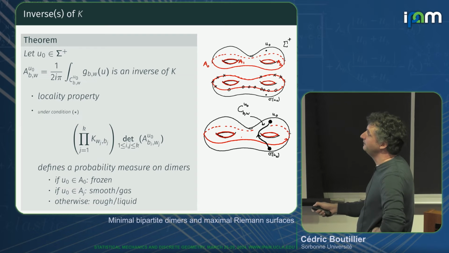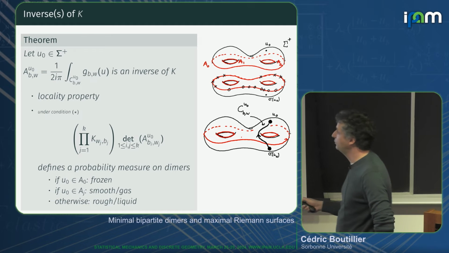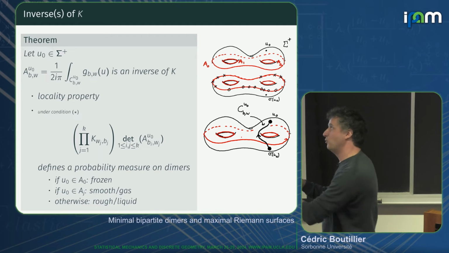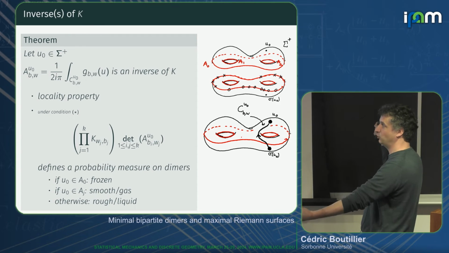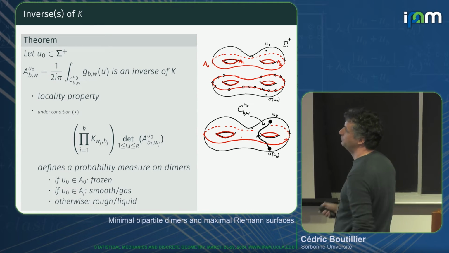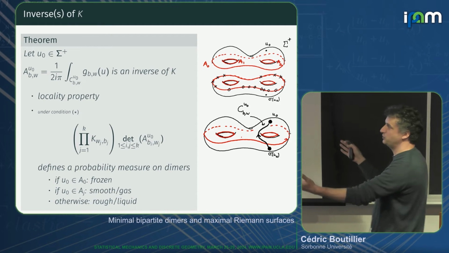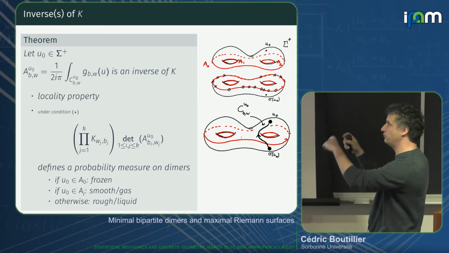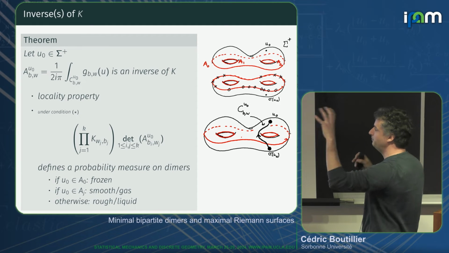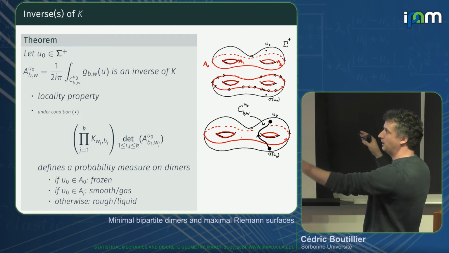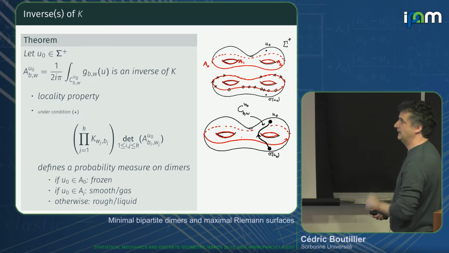The fact is that these inverses also satisfy a locality property, because as these functions were defined, like in the critical case, as products of quantities that are collected along a path between B and W, this quantity doesn't change if you change your graph, in particular if you perform local moves or replace big chunks of your graph by something else, preserving the minimality condition.